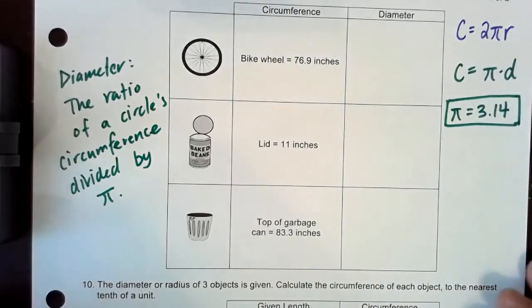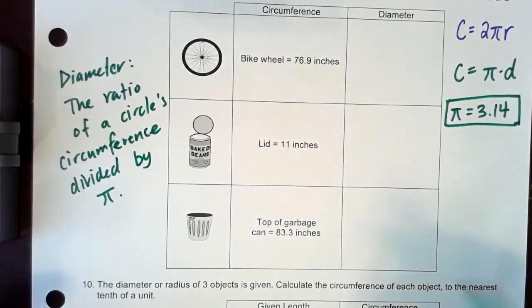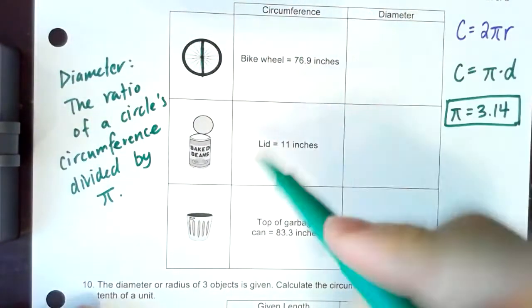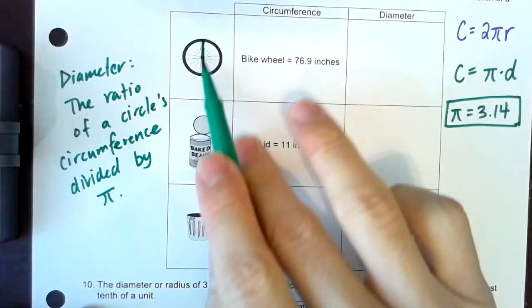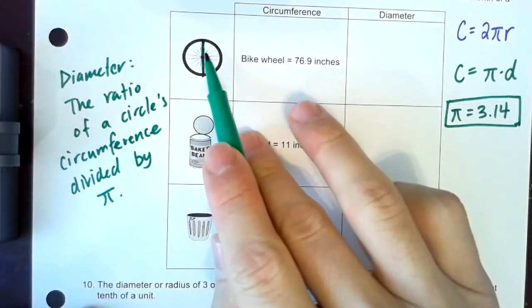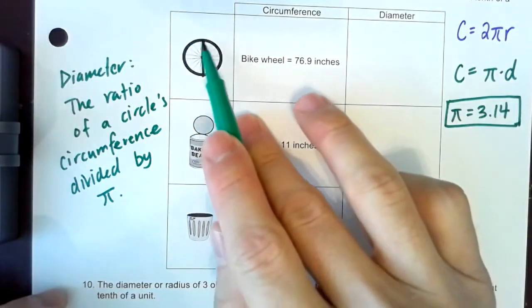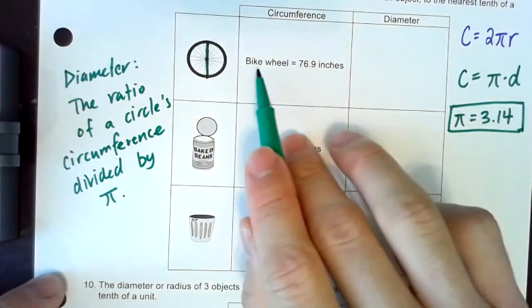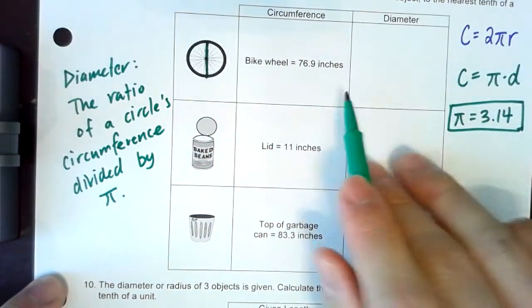Another alternative definition. Of course, we know that the diameter is kind of like this chord that passes through the center. But the diameter of a circle can always be found if you just take the circumference of a circle and just divide it by pi. So using that knowledge, let's go ahead and calculate.